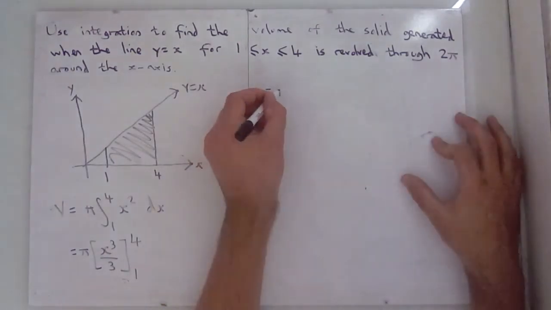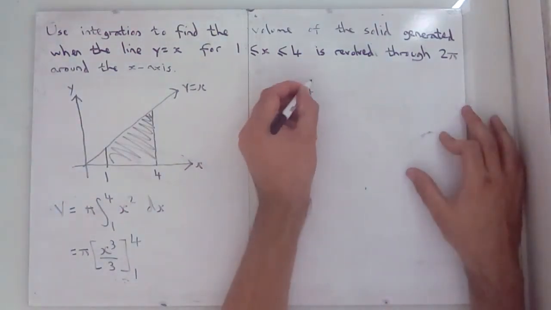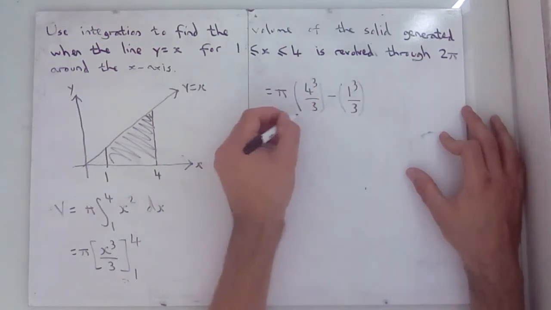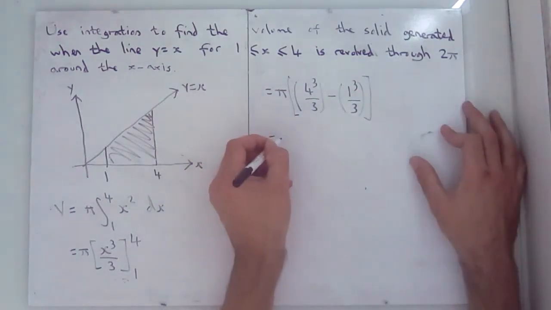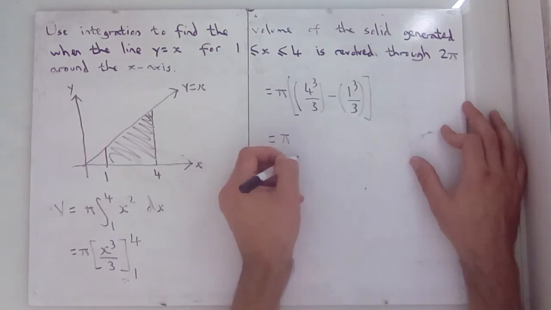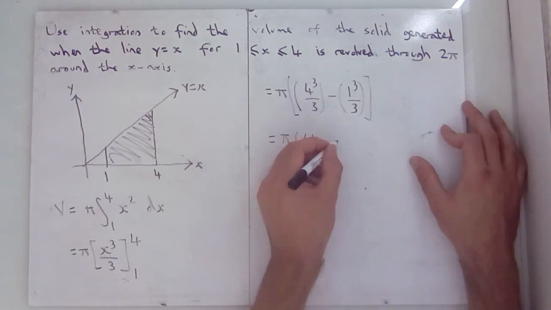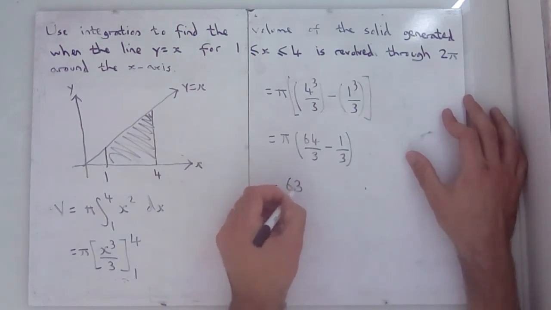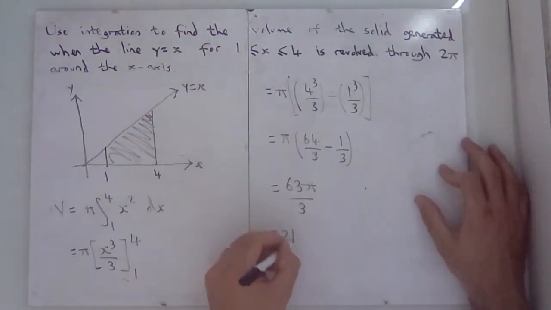So that is going to be pi times 4 cubed over 3 minus 1 cubed over 3. 4 cubed is 64, so it equals pi times 64 over 3 minus 1 over 3, which equals 63 pi over 3. 63 divided by 3 is 21, so the answer is 21 pi.